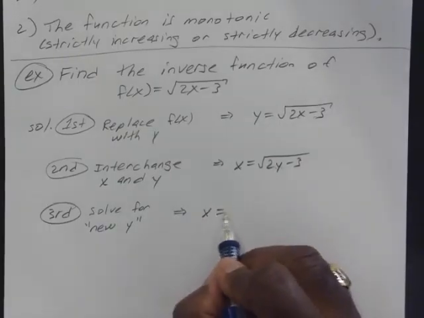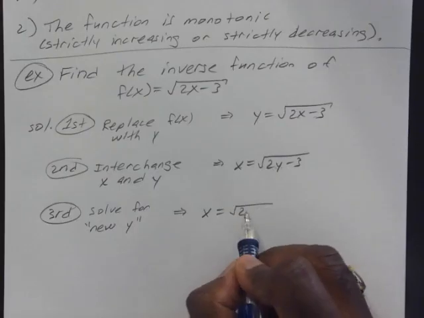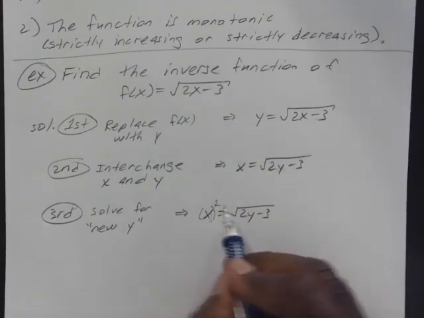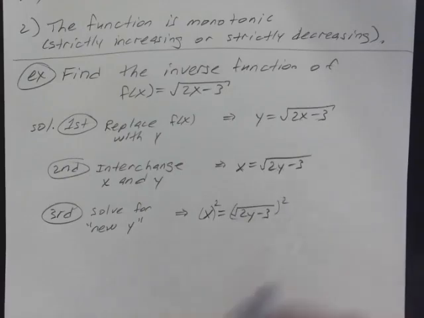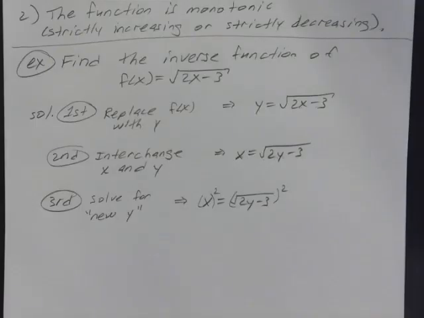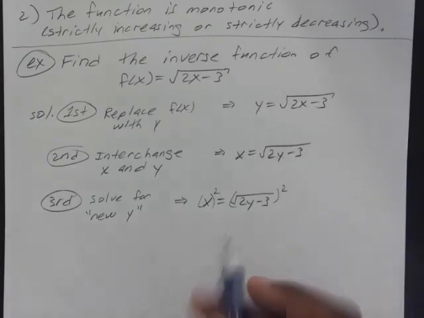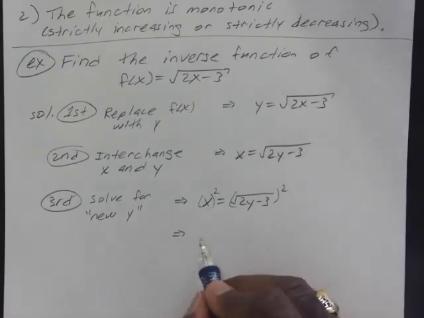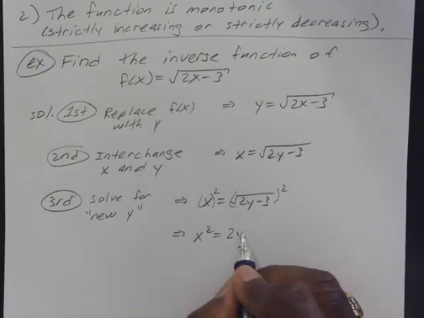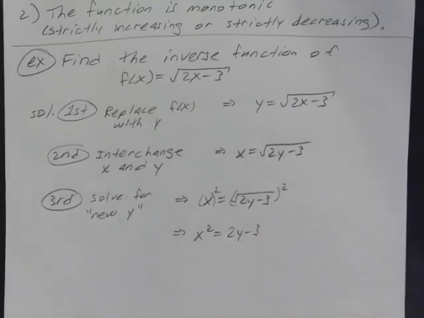So if we have x is equal to the square root of 2y minus 3, we're going to go ahead and square both sides. Okay, so we have x squared is equal to, the square and the square root cancels out, that just leaves 2y minus 3.